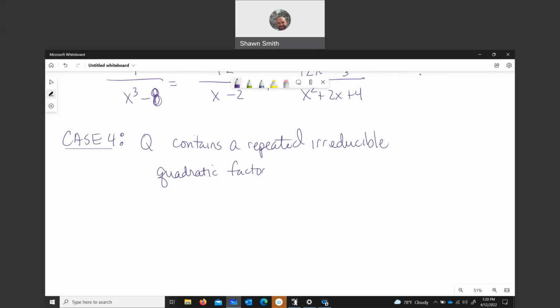So almost like a combination of case 3 with case 2. Case 2 had repeated linear, so now we've got repeated quadratic. So let's say we have 2x cubed plus x squared minus x plus 4 all over x squared plus 1 all squared.